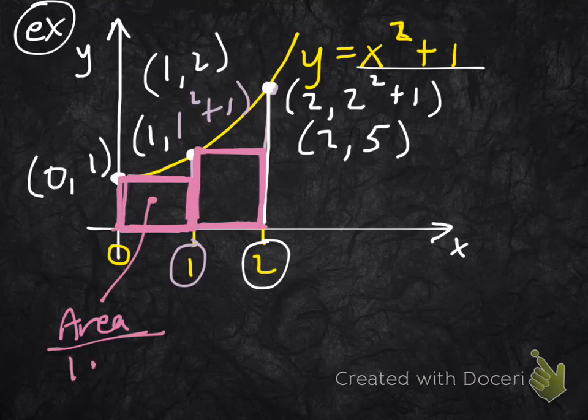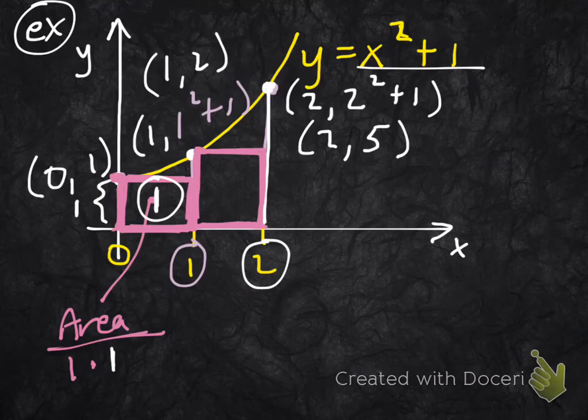And the height, we already said that the y coordinate of that point right there was 1, so we know that the height is 1. So we have 1 times 1, and so we know that the area of that particular rectangle is 1. Okay, so I'm going to put a 1 inside the rectangle indicating its area.